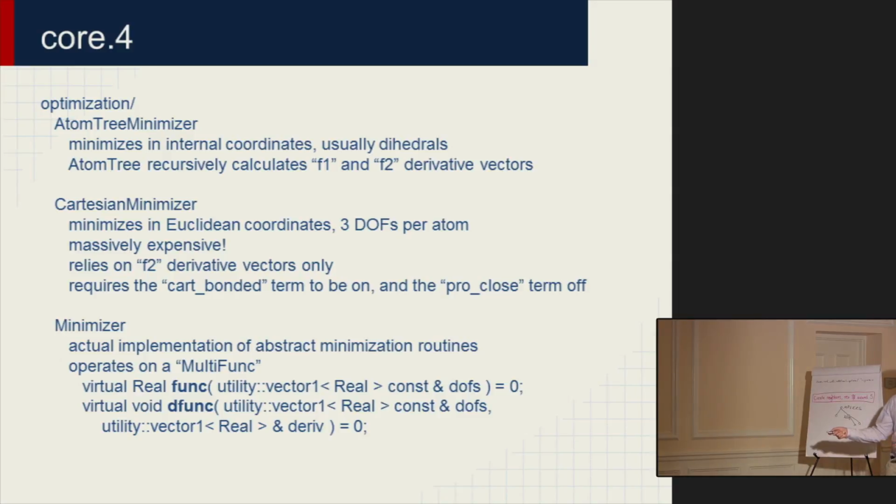So these could be the phi, psi, omega and chi dihedrals all along the backbone for all the positions. And then it would evaluate the score function and return that to the minimizer. And dfunc is then the same assignment of DOFs, and instead it writes down the partial derivatives of the score function with respect to each of those DOFs.